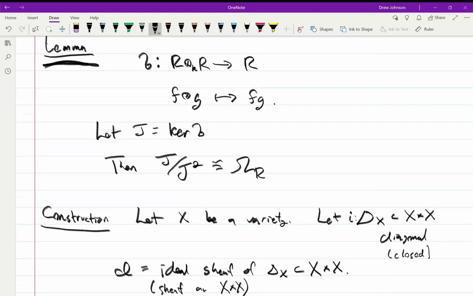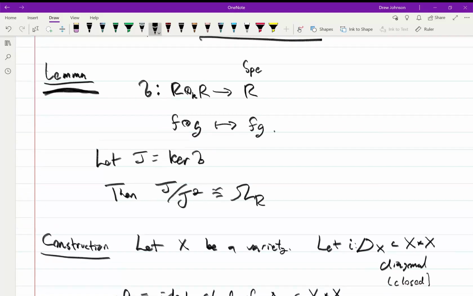So R tensor R mapping to R. Remember that this will correspond to the diagonal inclusion spec R mapping into spec R cross spec R. If you remember, the way we constructed products of affine varieties was by taking tensor products of the coordinate rings. So that's exactly what you want, and you can think about why the diagonal inclusion corresponds to this multiplication map, and then the kernel is exactly the ideal sheaf.